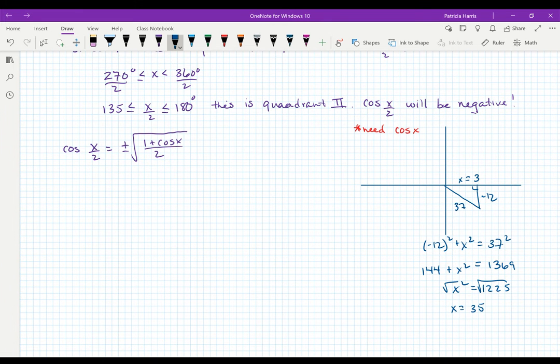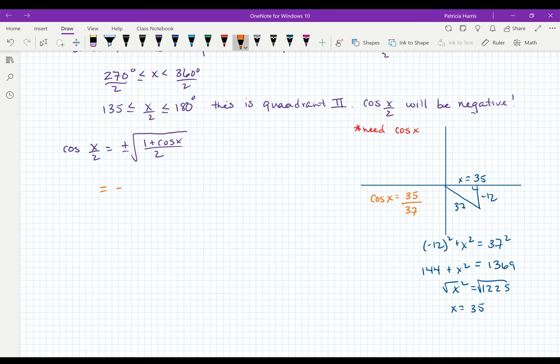Now looking at your triangle and noticing that you're in quadrant 4, we know our x value will be positive. So our cosine value will be 35 over 37. Okay, now we're ready to go.